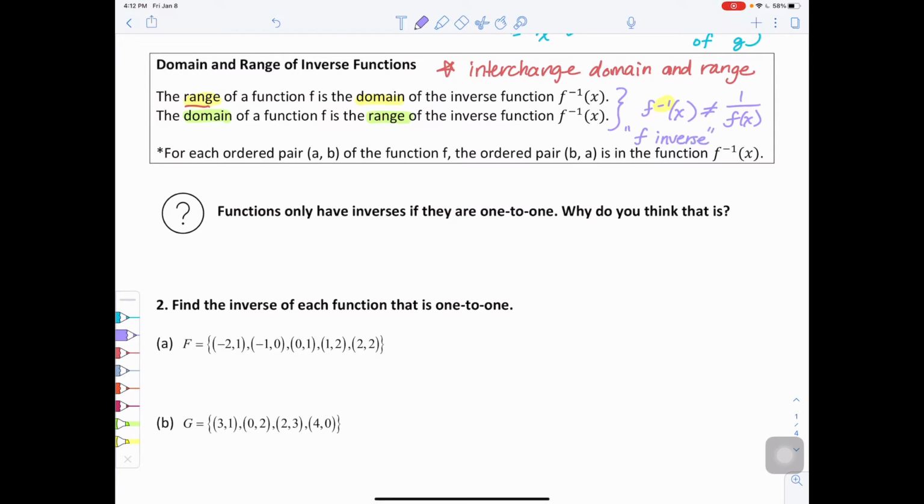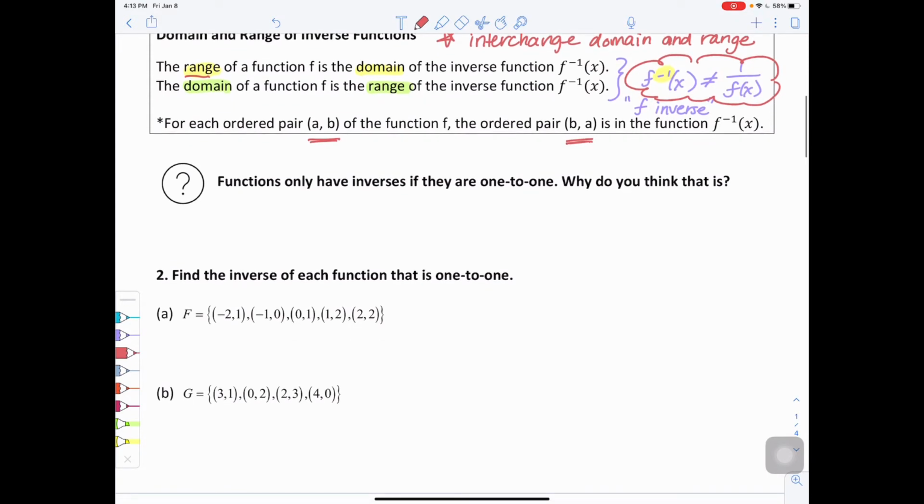Just want to make sure we point that out. For each ordered pair (a, b) of the function f, the ordered pair (b, a) is in the function f inverse of x. As I said, they interchange. Functions and their inverses interchange the domain and range.